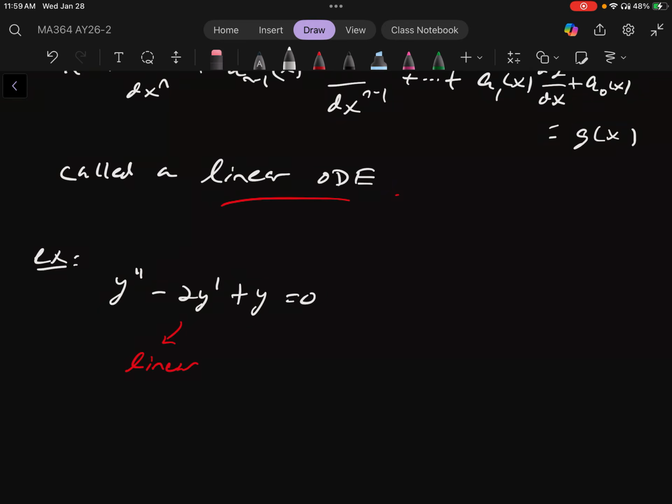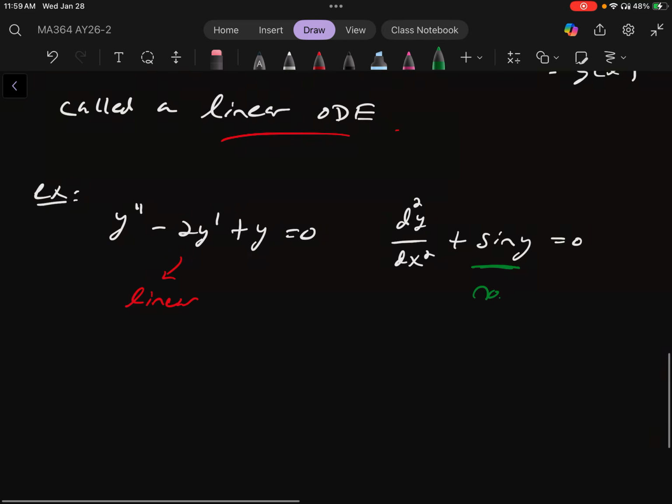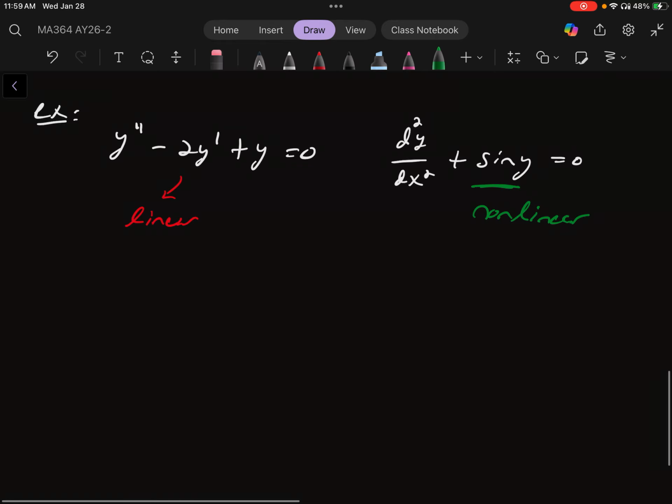This is different than something like d squared y dx squared plus sine of y. Notice now, to get it in this form, the term by itself, which would have been this one right here, now involves a function of y. So this guy makes it nonlinear.